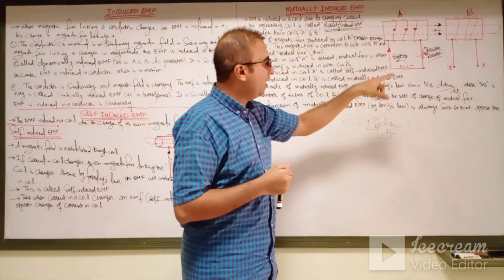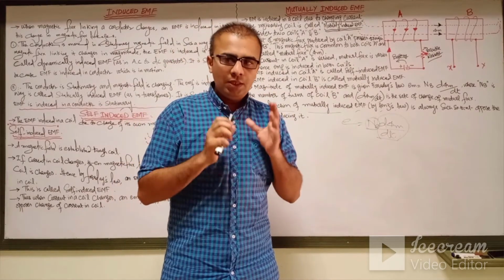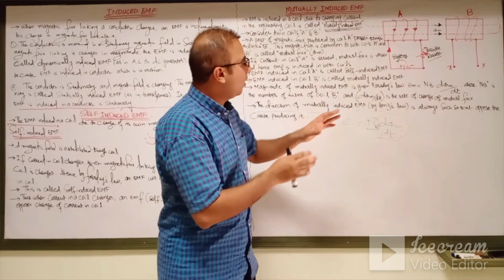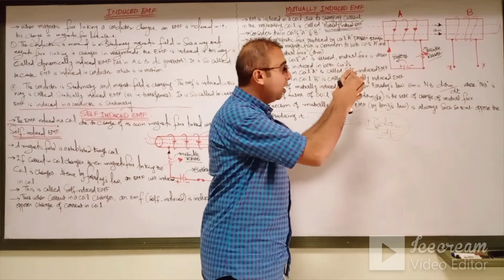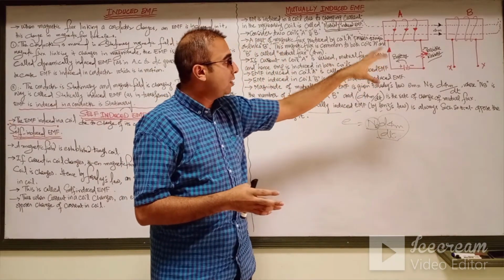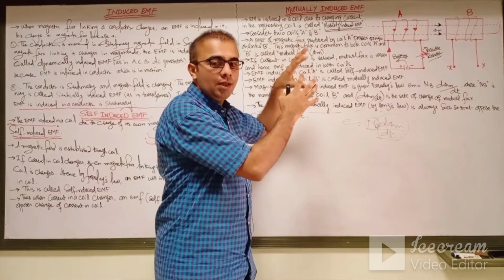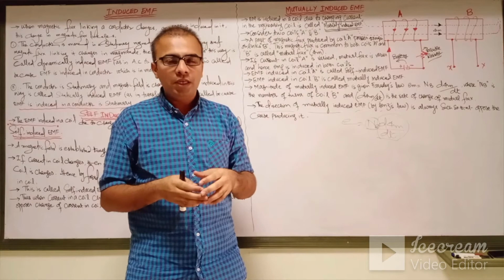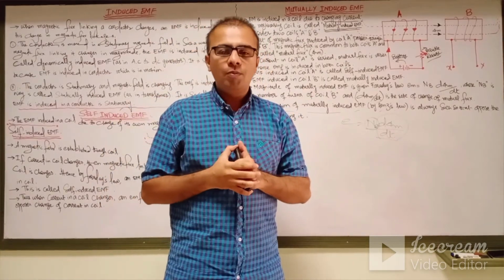The EMF induced in coil B is because of the currents supplied to coil A. So the currents produced in coil B are opposite to the coil A current. This is according to Lenz's law: the direction of the induced EMF opposes the cause which gives rise to it.